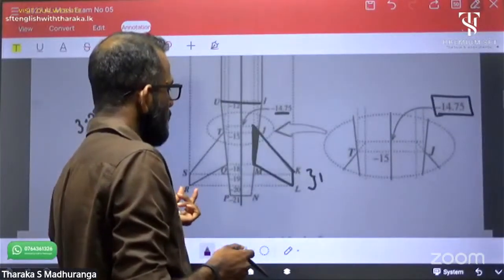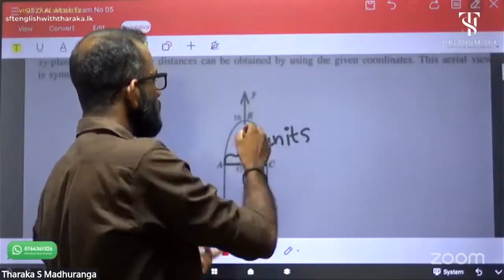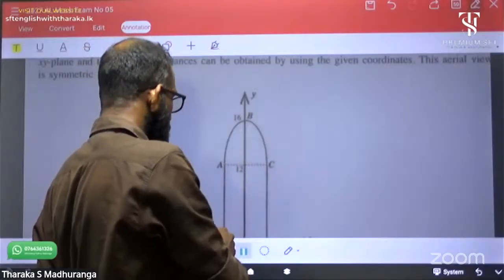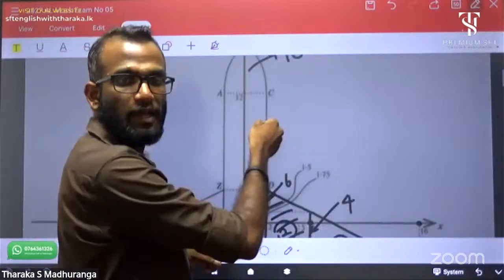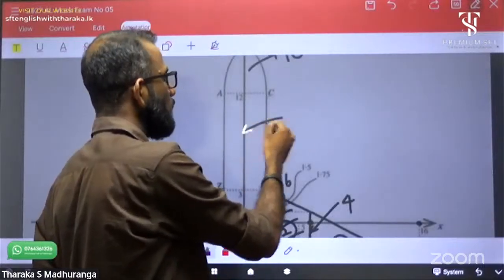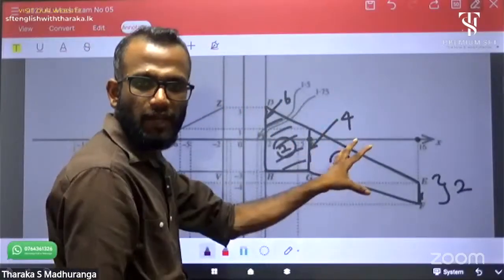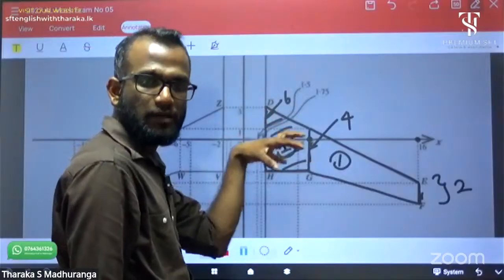Now, the ABC part is 10. What is the trunk area? That was 50, no? No, 96. This front wing area was 50 and there are two front wings, that means 100, right?